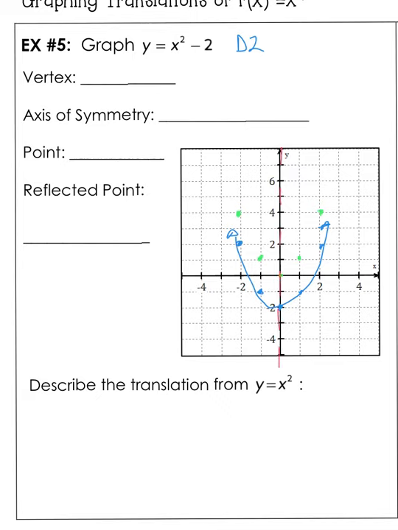All right, so that's our axis of symmetry. This is our vertex. So the vertex has moved down from (0, 0) to (0, -2). So from that vertex, I should get two different things: the axis of symmetry, which is x equals 0, and the max or min. Well, since this opens up, I have a minimum of -2.